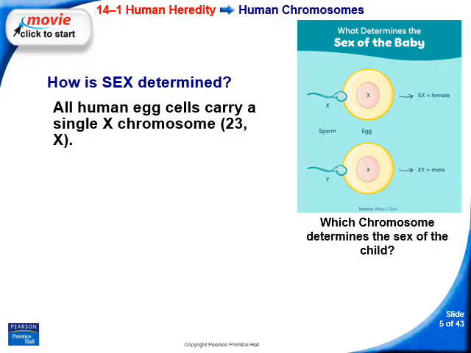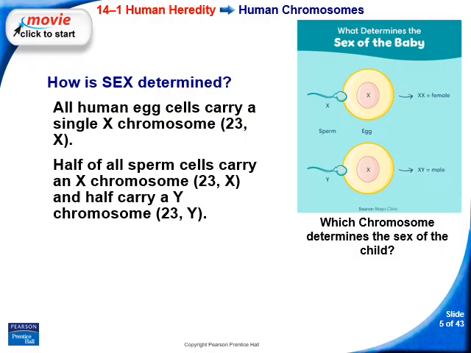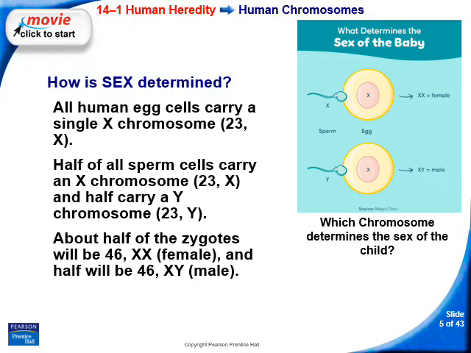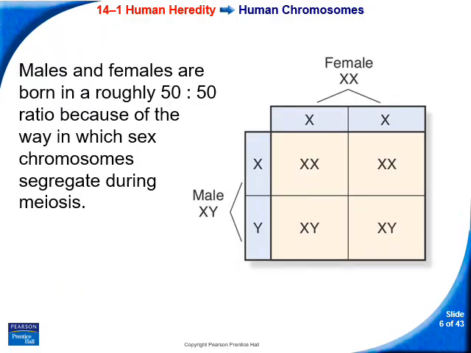And in the sperm cells, half of the sperm cells carry an X chromosome, and half of the sperm cells they produce would carry the Y chromosome. So about half of the zygotes that result from fertilization, the probability of sex will be 50-50: 50% probability of being a male and 50% probability of being a female.